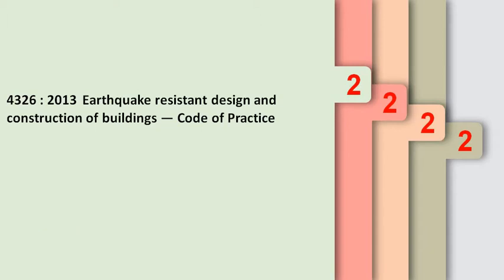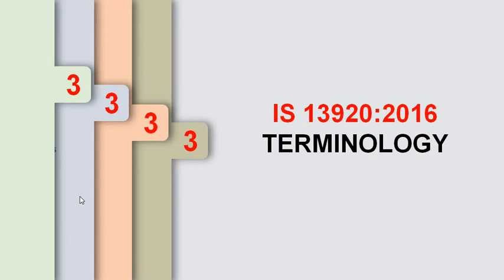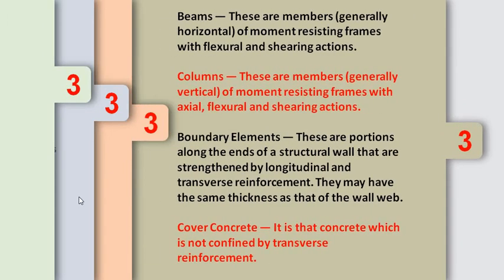Now we will move to our third clause, and that is the terminology. The various terms used in that code are, we will start with the first, beams. These are members of moment resisting frames with flexure and shearing action. And you all know these are the horizontal members.